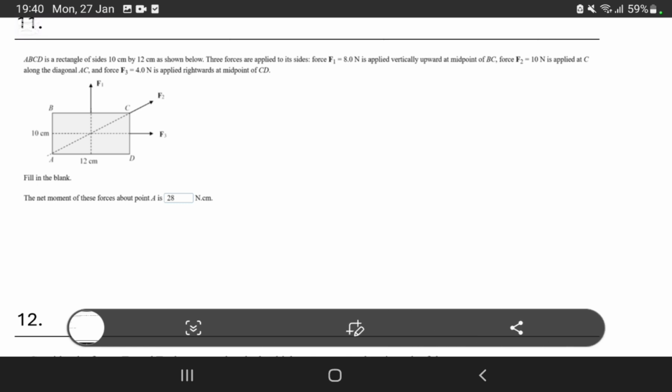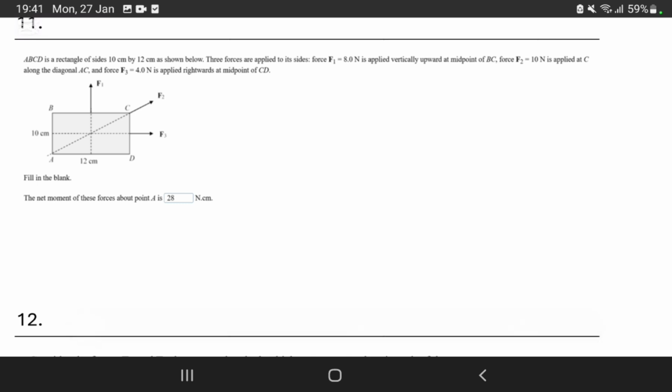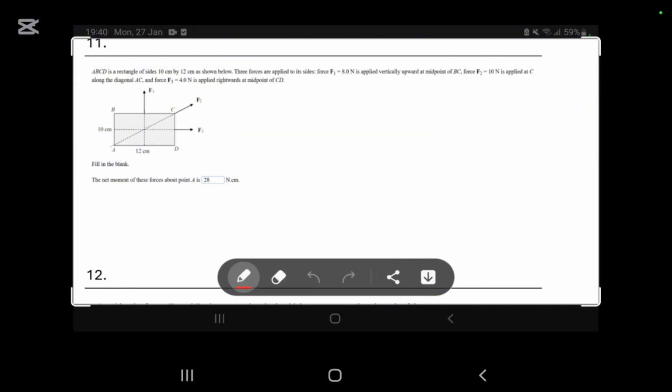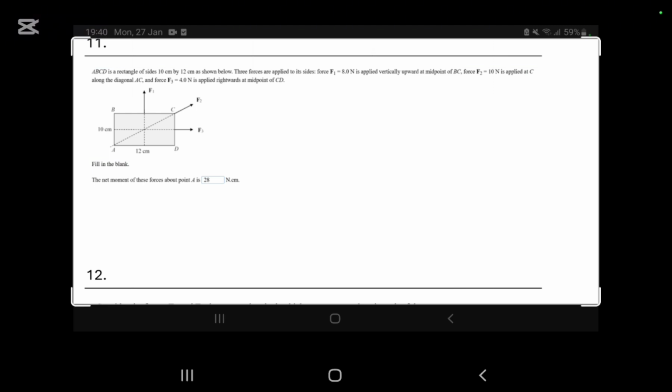Force F1, which is 8 newtons, is applied vertically upward at the midpoint of BC. Force F2, which is 10 newtons, is applied at C along the diagonal AC, and force F3, which is 4 newtons, is applied rightwards at the midpoint of CD. The net moment of these forces is blank.